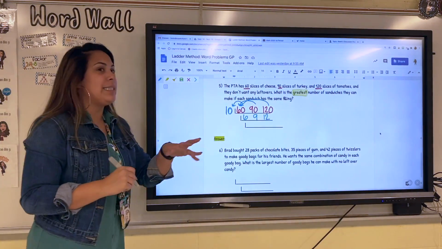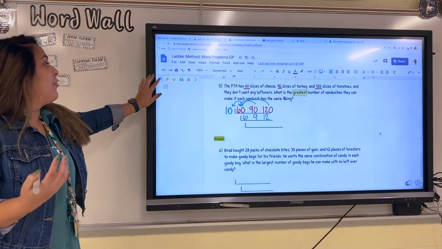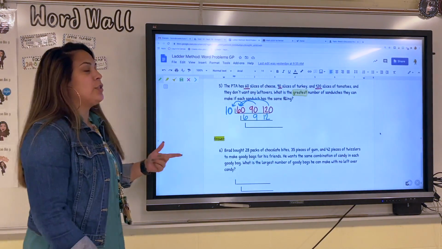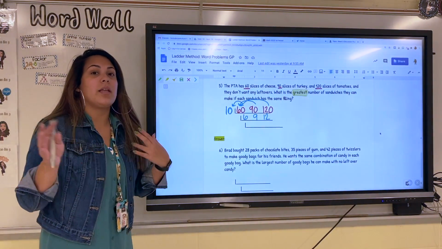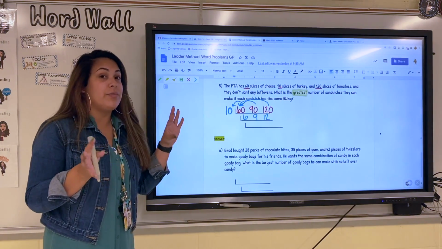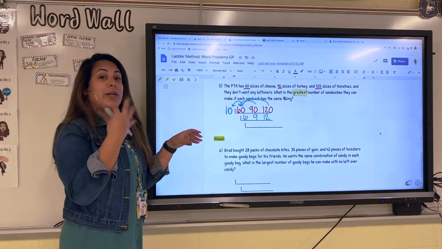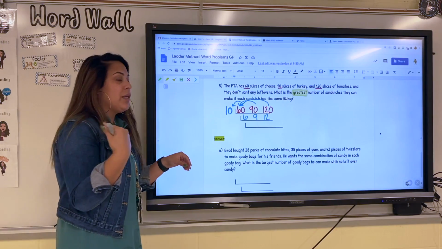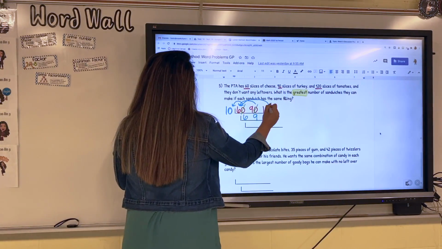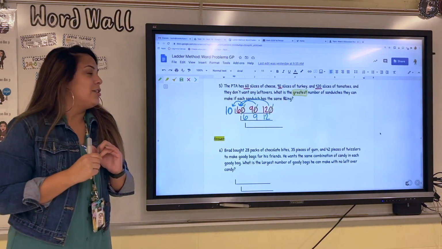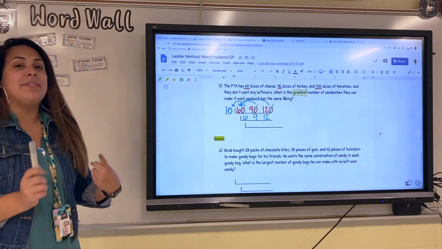And you probably see the pattern of what's happening when you divide by 10. If you don't see it, I'm going to show you. When you divide by 10, you're getting rid of a place value. So by getting rid of a place value, we're getting rid of the zeros. So that's a little trick if you didn't learn that in 5th grade. So now I have 6, 9, and 12.